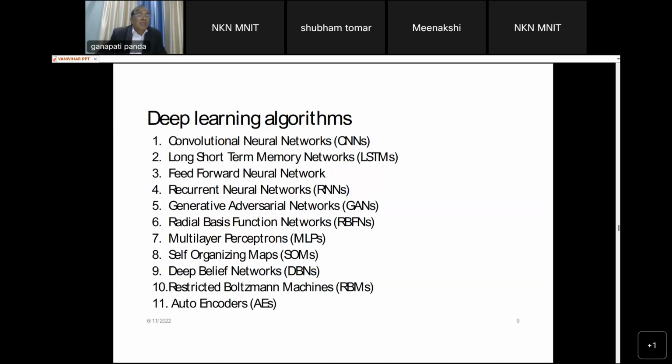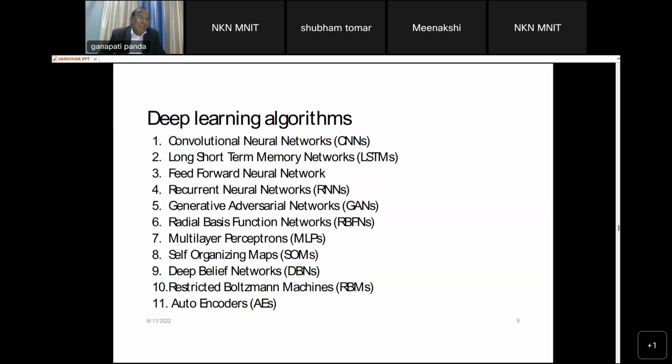Convolution neural network, LSTM, long short-term memory network, feed-forward neural network, recurrent neural network. The most important among these is the fifth one, generative adversarial network, GAN. I'll tell something on the GAN. Radial basis function network, multi-layer perceptron, self-organizing map, deep belief network, restricted Boltzmann machine, autoencoder.